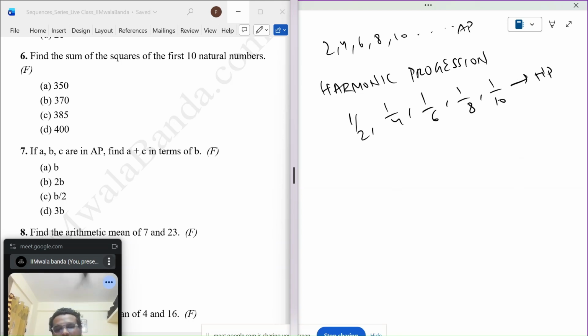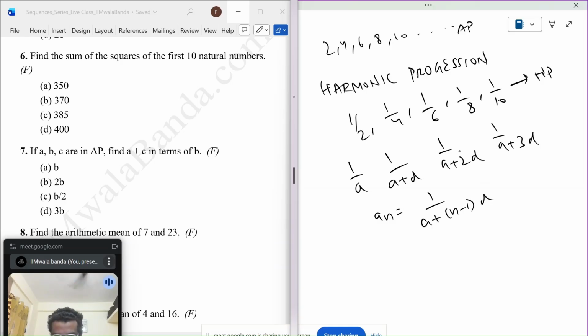That's it. So whenever we stumble upon an HP, we will always make it an AP and then solve things. But if we have to get into the logic of it, can I say first term is this, second term is this, third term is this, fourth term is this. So nth term will be 1 upon a plus n minus 1 into d. This is your basic idea.